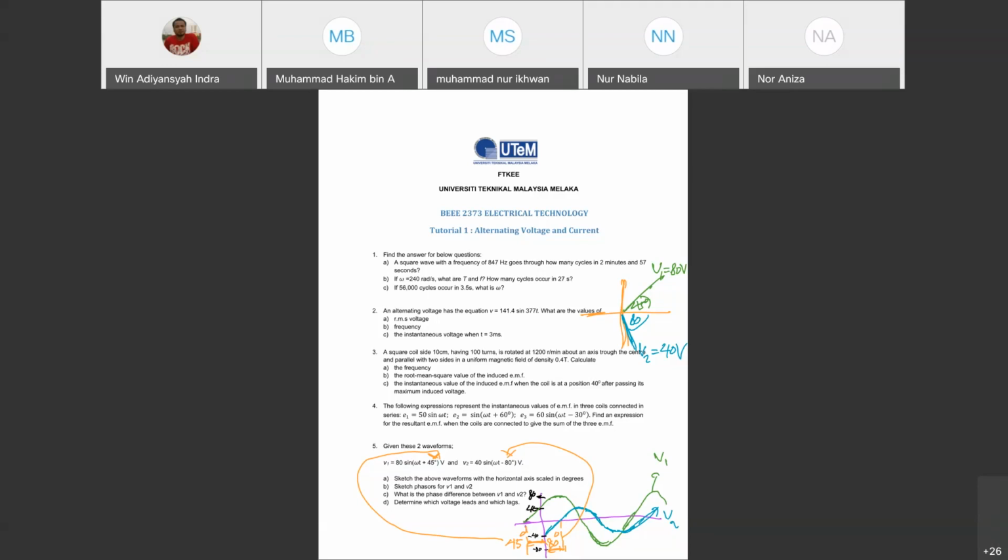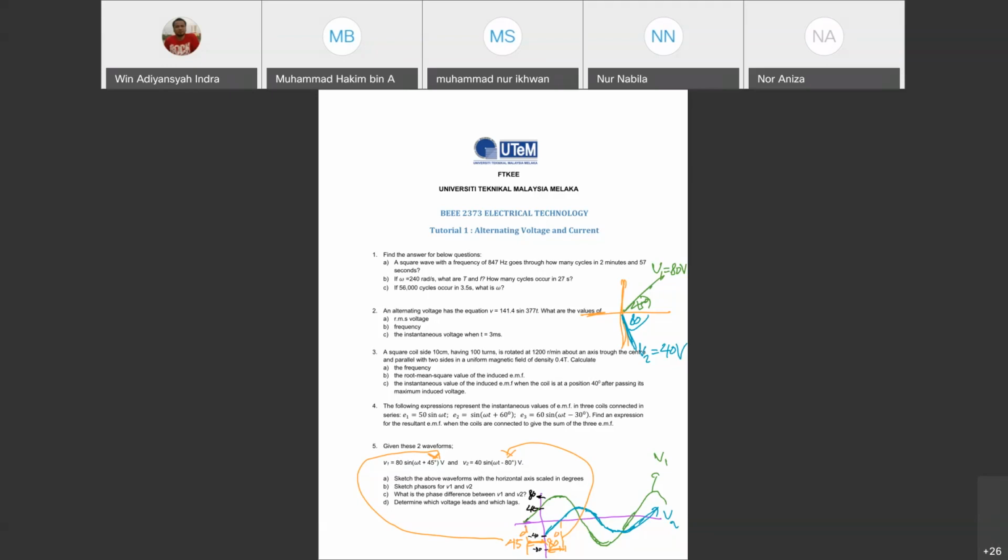Okay, before that one, we go to D first because C is a bit long, so we go to D first. Determine which voltage leads and which lags, and by how many degrees.